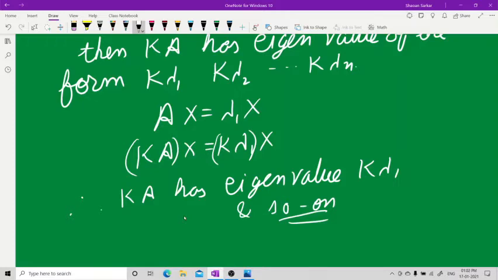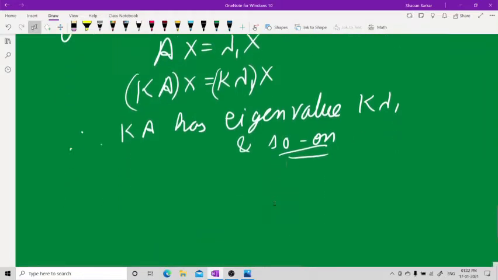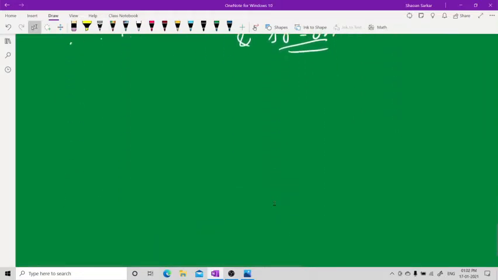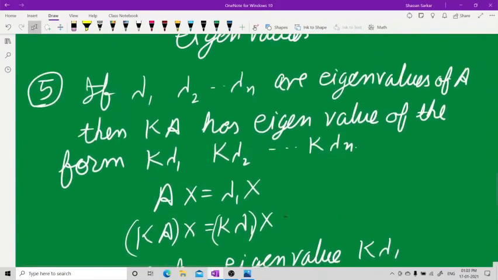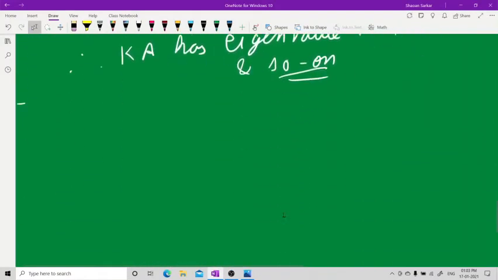Now we'll do one more property before coming to the Cayley-Hamilton theorem. This is property number 6. Yes, we are doing the sixth one.